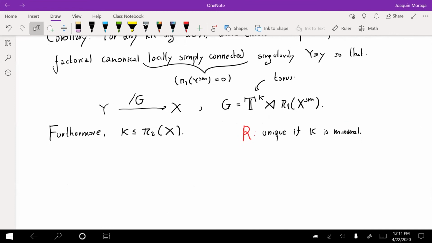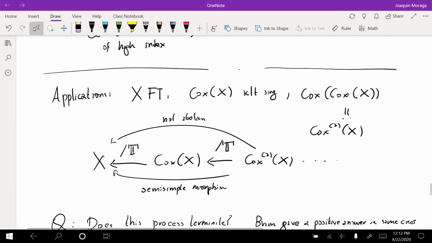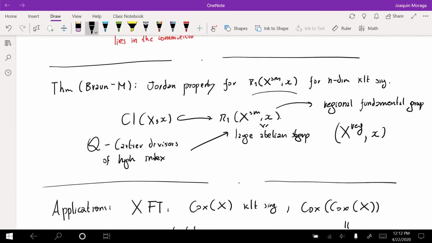Okay, so let me tell you a bit more motivation about the Jordan property. What is another reason why I started thinking about the Jordan property? By the way, let me just mention that this theorem that I wrote here should work in full generality. What do I mean by full generality? It also works if you take boundaries and also works in the relative setting.